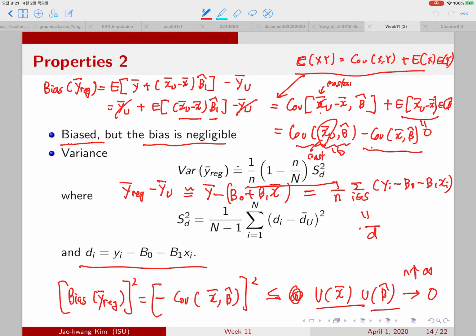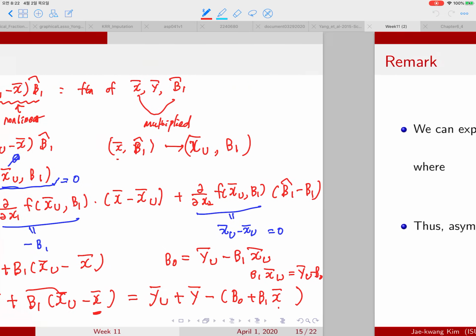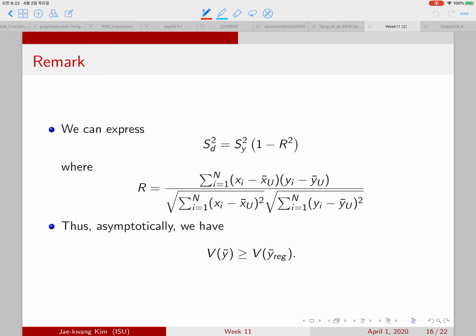Okay, let's continue. So we use linearization to obtain the variance of the regression estimator, right? So now, let's write it again. The variance of the regression estimator is roughly equal to the variance of d bar, where d bar is the sample mean of the d_i, and d_i is the population residual of the regression model.